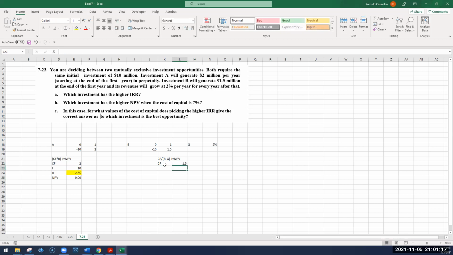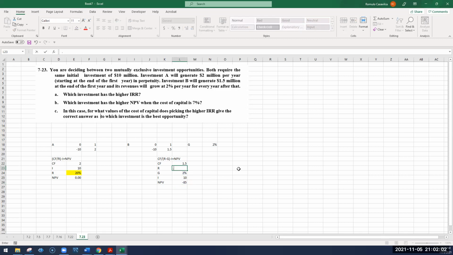I have 1.5, the R I don't know, G is 2%, the investment is 10, and NPV. NPV equals the cash flow divided by the difference between this rate and this rate, all this minus the investment.